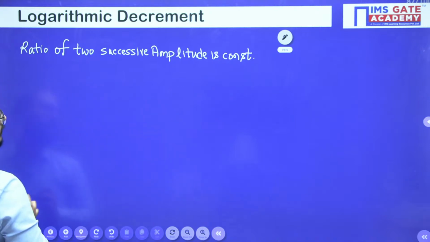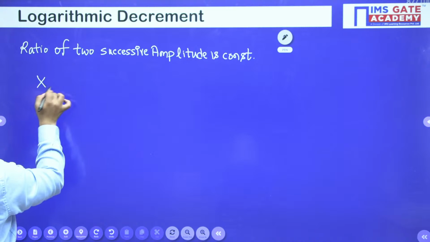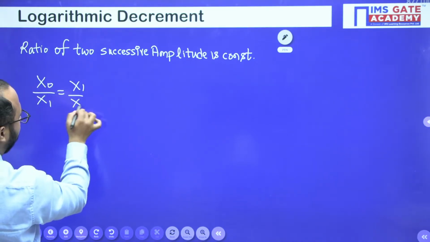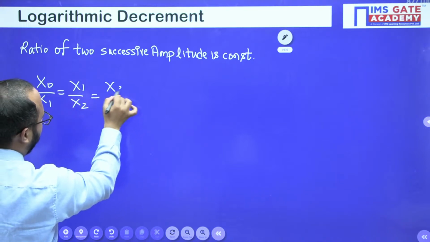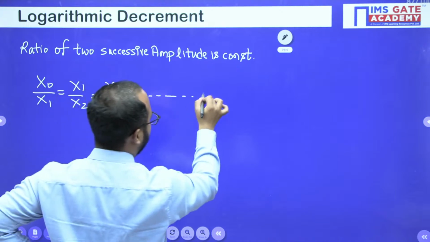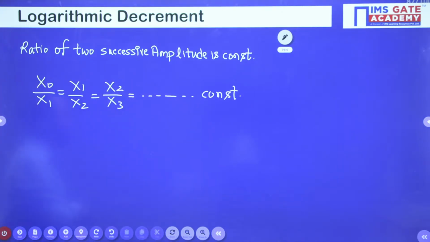Now see, x0 by x1, x1 by x2, x2 by x3, and so on equals a constant, right? You should understand this point.